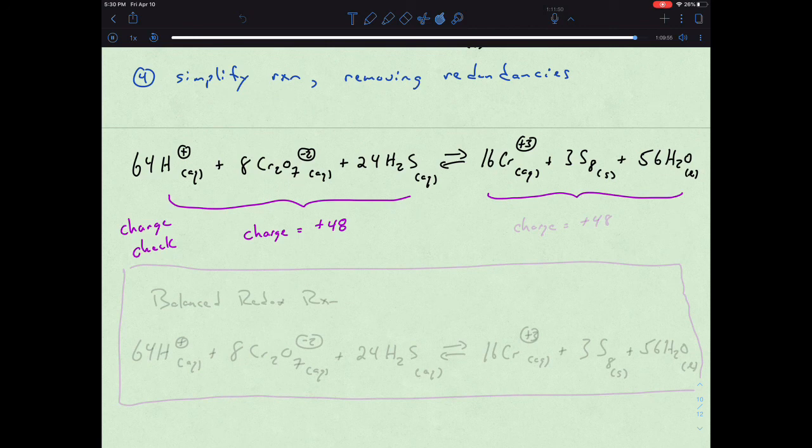And if we look at the product side, we find that the charge is the same. So because of that, we now have our balanced redox reaction, where that would be basically what we have above. I just always like to do that last check to make sure things are working out with the charge and the combination and the simplifications that we've just done.